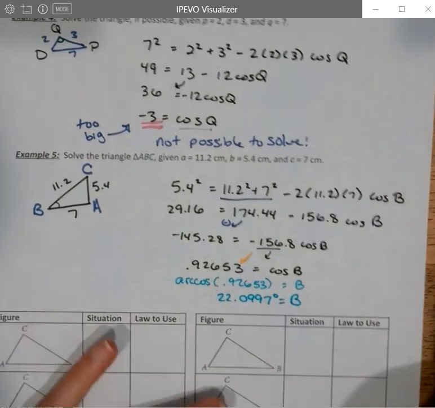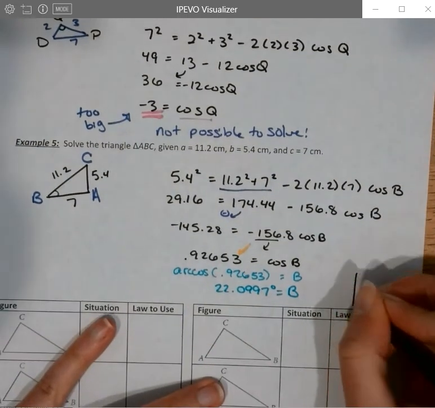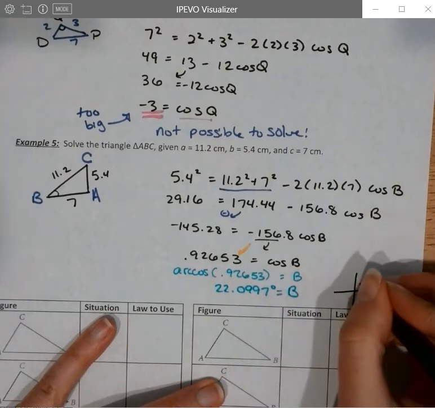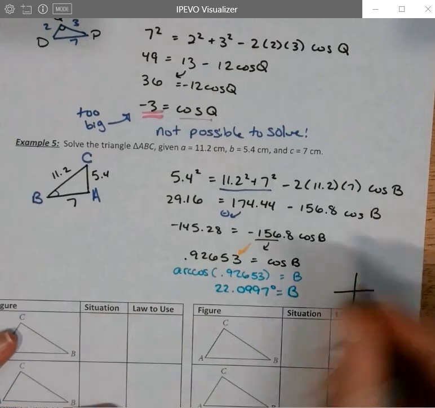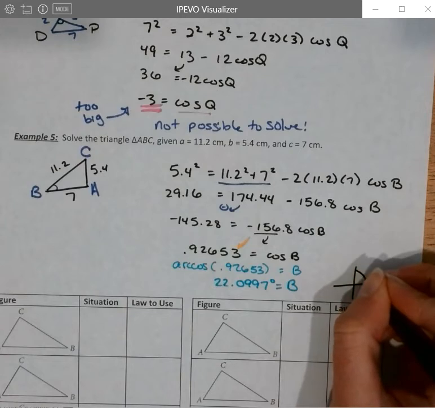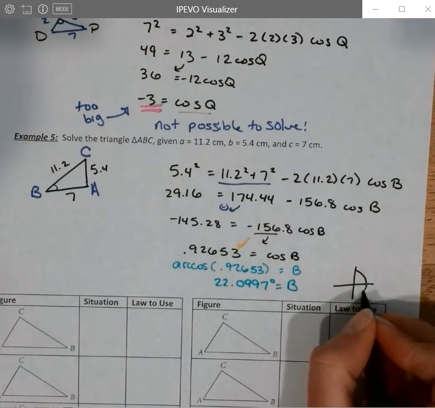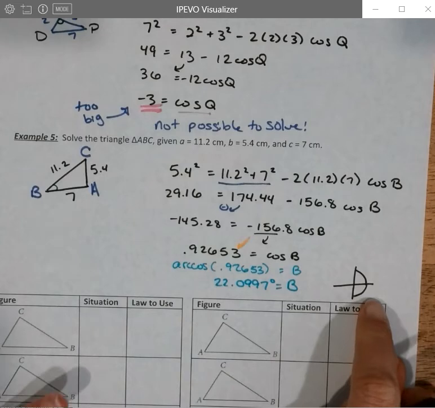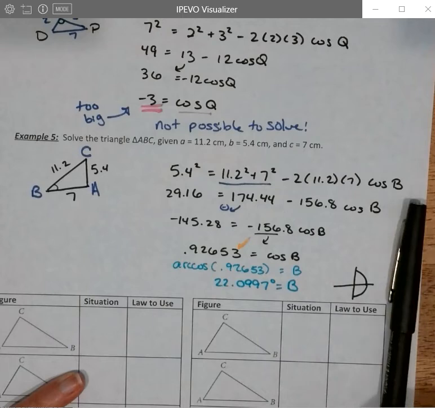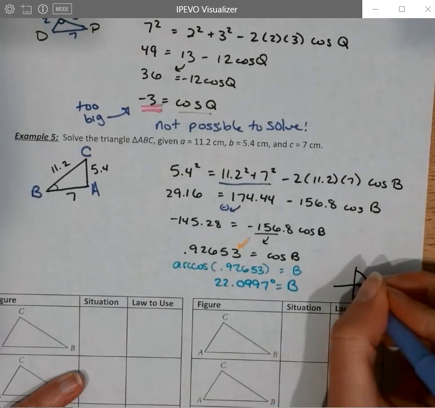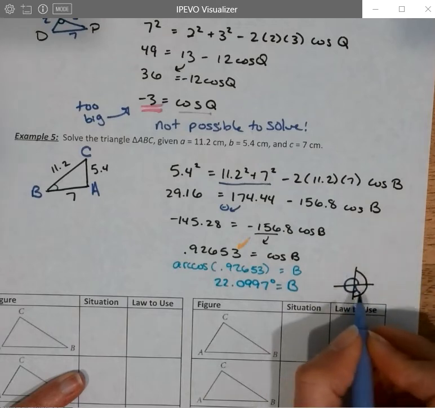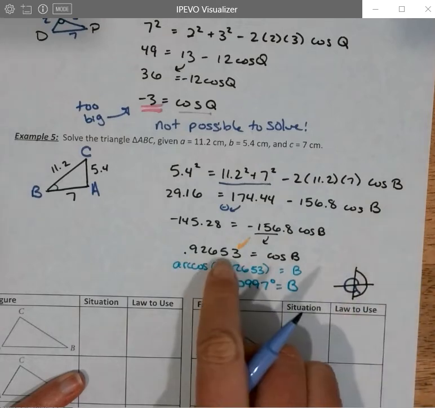Okay, now there are two possibilities. That's one of them. If the cosine value is positive, it can return two different angles. The other angle where cosine is positive is in quadrant 4. Since I would need to wrap into quadrant 4 and either use a negative angle, and triangles don't have negative angles, or an angle bigger than 180 degrees, we're not going to get a second angle for a positive cosine value right here.